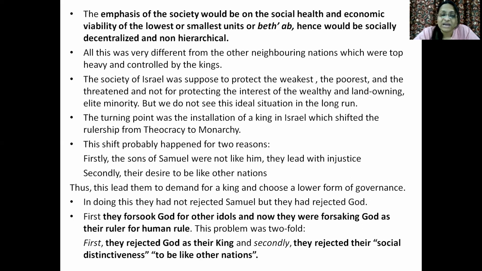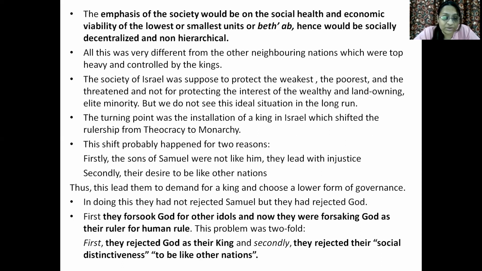Because they saw his sons like that, they thought, now who is going to rule us after Samuel? Are these his sons going to rule us? If they are ruling us, then they are not how they are supposed to be. They are not like Samuel, whom we look up to. So the elders of the society went to Samuel and demanded a king because they rejected Samuel's sons.